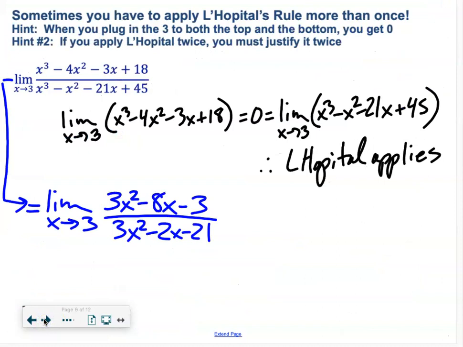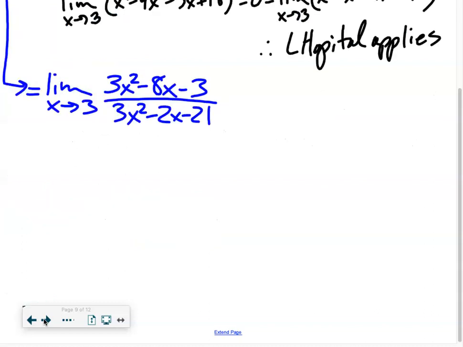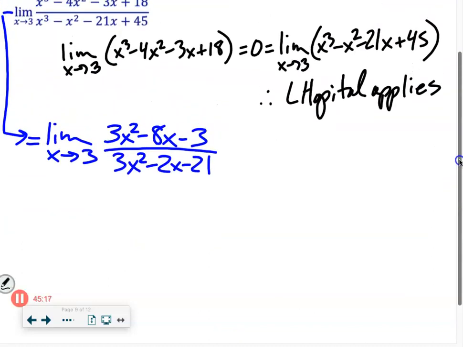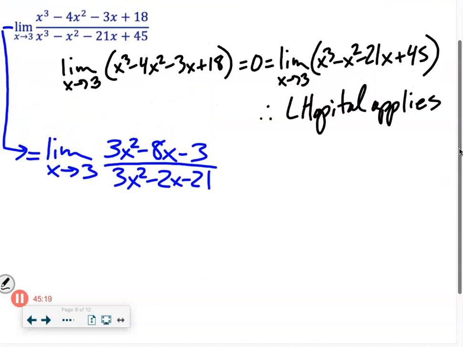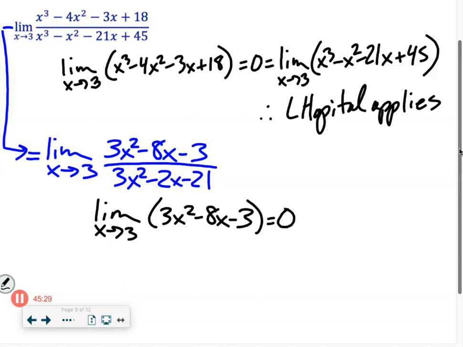So anyway, for this one, we're going to L'Hopital again. When you L'Hopital a second time, you have to re-justify it. So we have to say, okay, well now the limit as x approaches 3 of 3x squared minus 8x minus 3 equals 0, which equals the limit as x approaches 3 of 3x squared minus 2x minus 21.